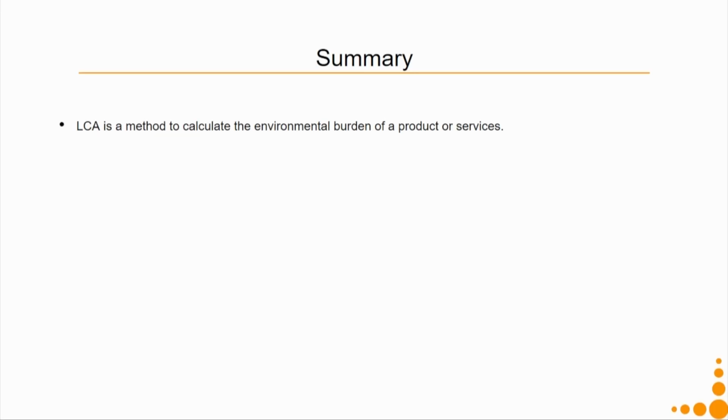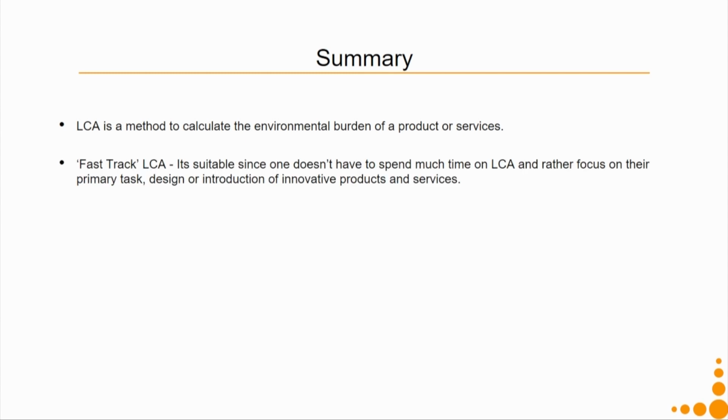To summarize what we have learned till now: life cycle assessment is a method to calculate the environmental burden of a product or a service. Fast track LCA is suitable since one does not have to spend much time on LCA and can rather focus on the primary task, which is design or introduction of innovative products and services.